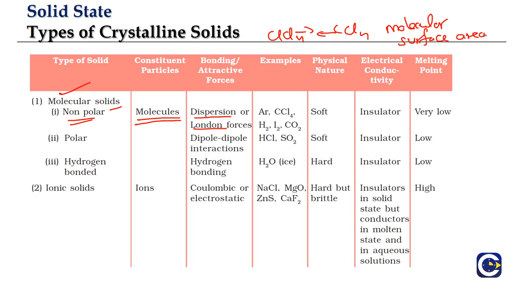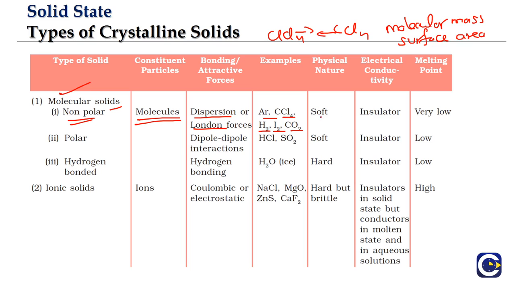The higher the surface area, the higher the strength of these forces. The higher the molecular mass, the higher the strength of the forces. So between the non-polar molecules like argon, CCl4, H2, I2, CO2, all the molecules between similar types of atoms, they will all be non-polar. The forces between them will be London forces or dispersion forces.